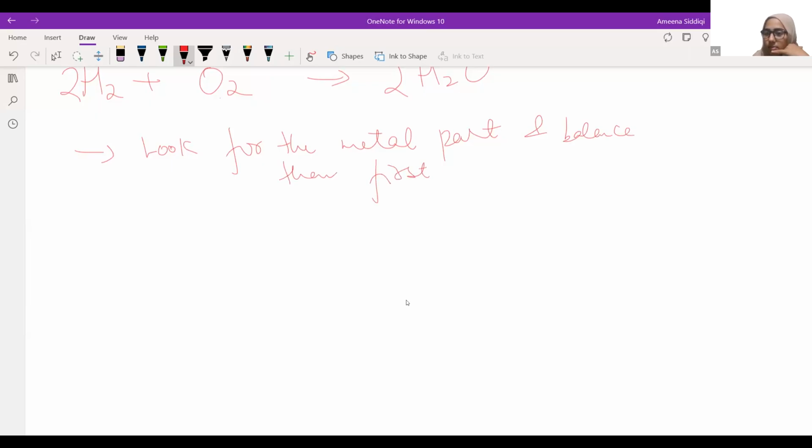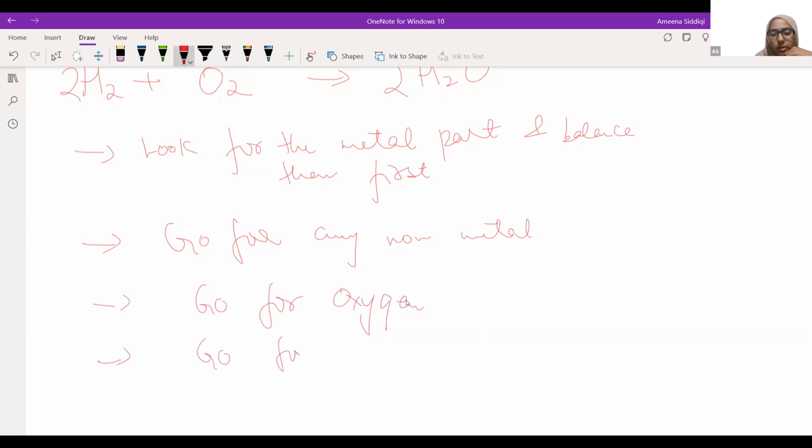Then second, go for any non-metal or any negatively charged, say fluorine, carbon, nitrogen, chlorine, all these things, but not oxygen. Then go for oxygen to balance it. Then at last, go for hydrogen. This way, it becomes very convenient to balance the equations.